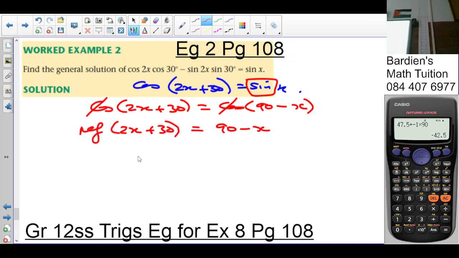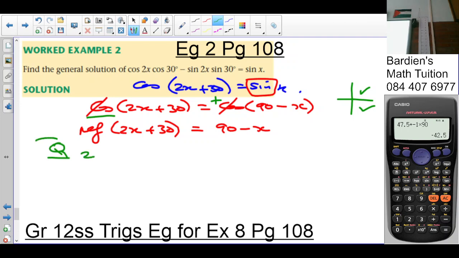What's the question that should come to mind? Which quadrant is cos positive? So which quadrant is cos positive? 1 and 3. Oh, cos. Sorry. 1 and 4. So how do we get into quadrant 1?